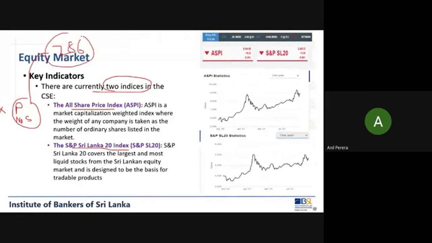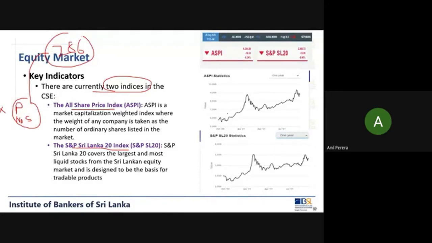You look at all the institutions on a particular day. You take all these prices and their number of shares in the market, and you do a weighted average index to calculate this ASPI. So in simple terms, ASPI measures the overall performance in the stock exchange.